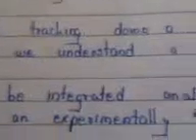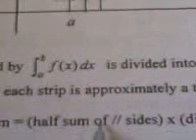Okay, I will start with the trapezium rule. The area of a trapezium is half the sum of the parallel sides multiplied by the distance between them.